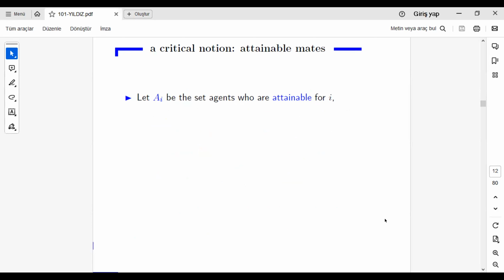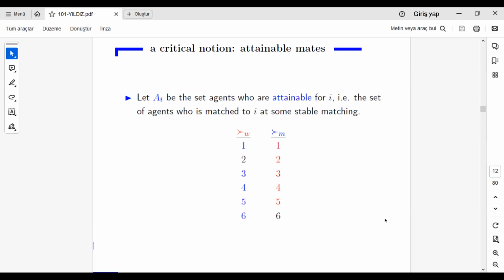Now, our starting point is that, as I mentioned a little while ago, if I'm not matched to Elena in any stable matching, then she is by definition unattainable for me. So what we do in this paper is restrict attention to attainable ones. In the example above, it's a specially concocted symmetric example.